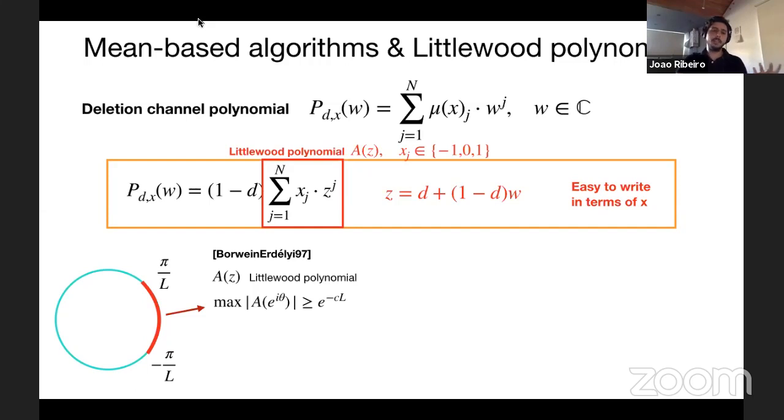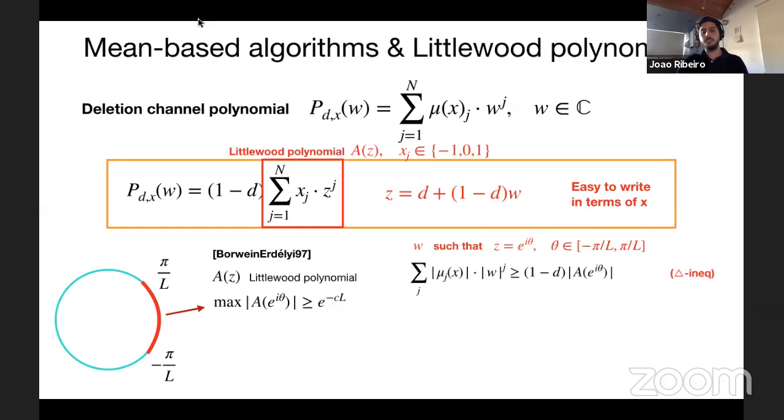The question now is how you can use this to bound the one norm of your mean trace. The connection is so simple that I can show you in what's left of this slide. First you pick W so that Z lies in this arc. Pick any W that satisfies this.